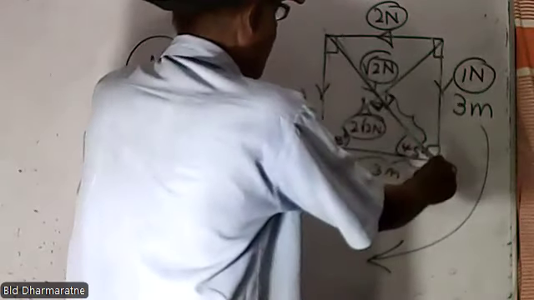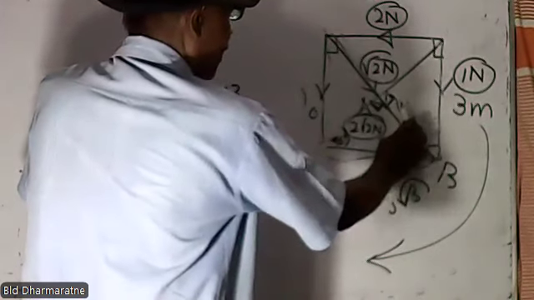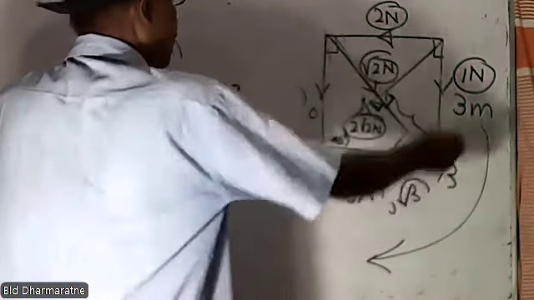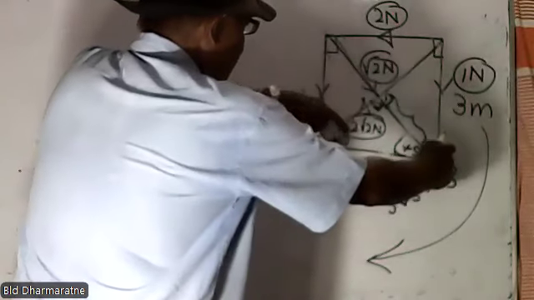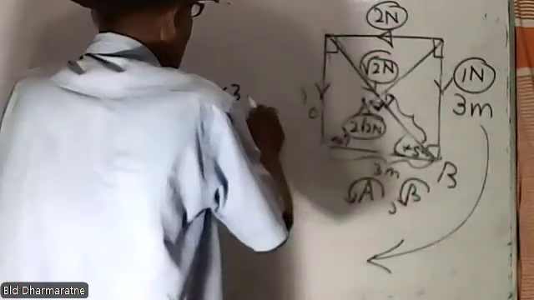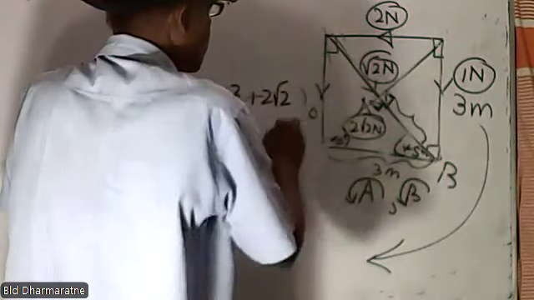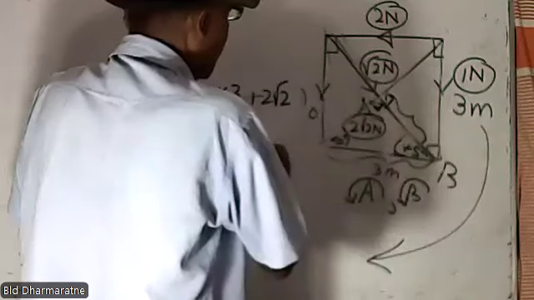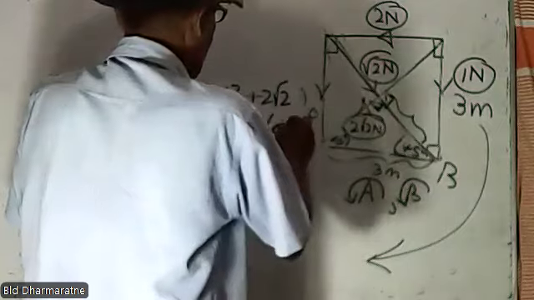This adjacent angle 45, 3 cos 45. This is also in the anticlockwise direction. You touch here, apply here, pull here, it rotates anticlockwise. This is positive. This one, 2 root 2, 3 cos 45.